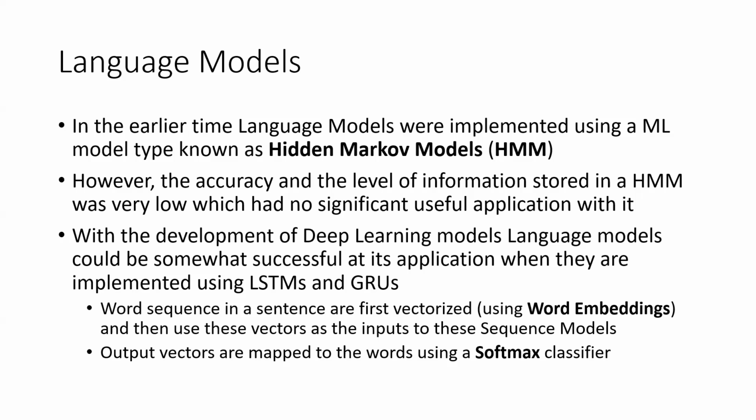So with the development of deep learning in the deep sequence models, we have LSTMs and GRUs, right? So long short-term memory and the gated recurrent units that have some significant capability to remember the long time history in a sequence, and they can model the sequences in a very efficient way, right?